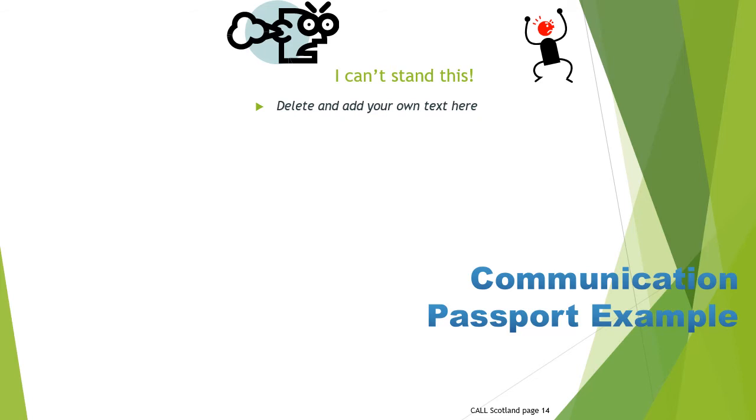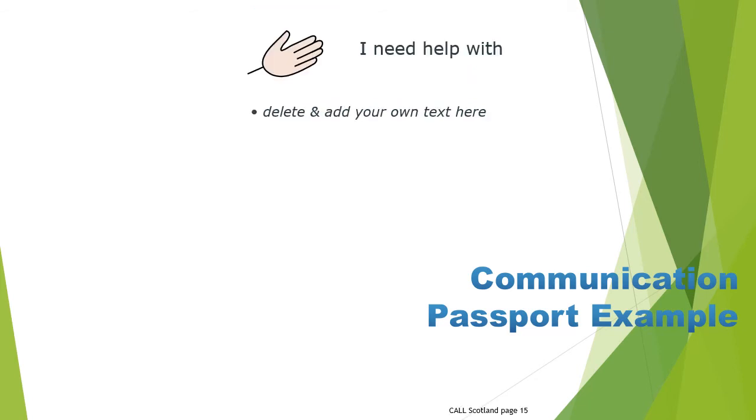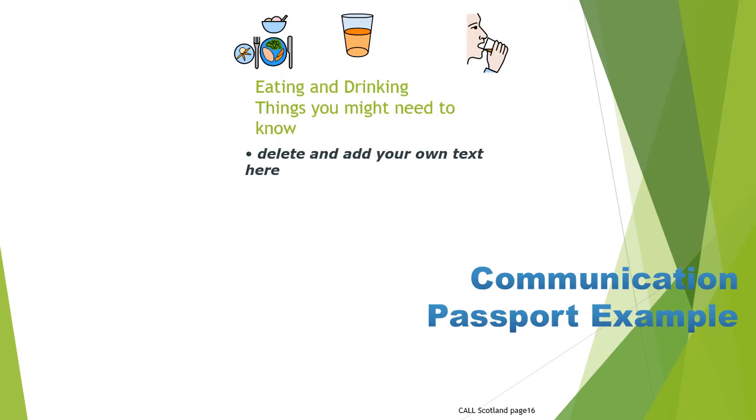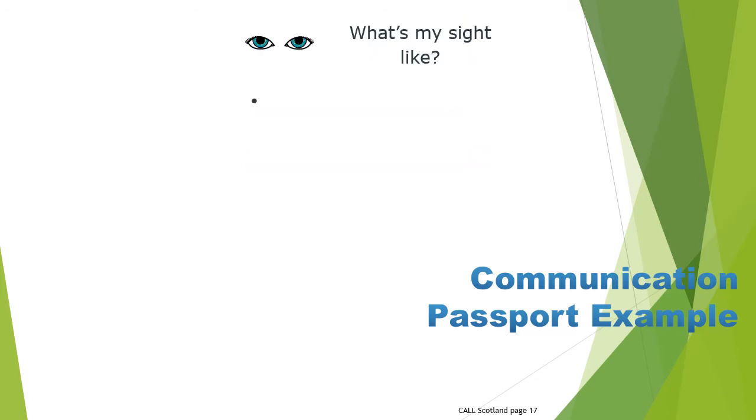This page is for the person to let you know what they really can't stand, what they don't like, and what they need help with. Eating and drinking: things that you might need to know about that person, especially allergies, things like that. And this is the last page, and it's about what their sight is like, letting you know what they can see.